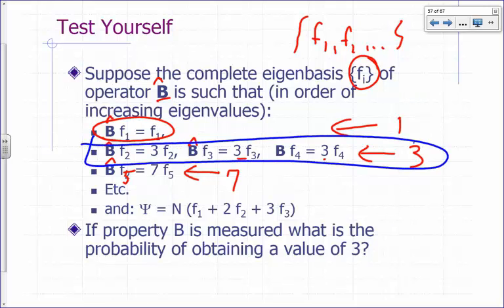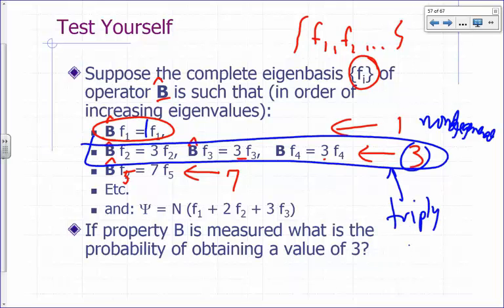There are 3 linearly independent eigenfunctions that have an eigenvalue of 3, and there's only one that has an eigenvalue of 1. So we say this is non-degenerate, and this is triply degenerate. There are 3 linearly independent functions that have the same eigenvalue.